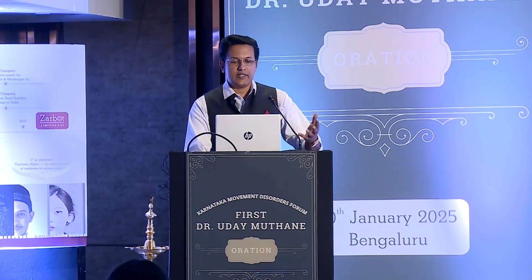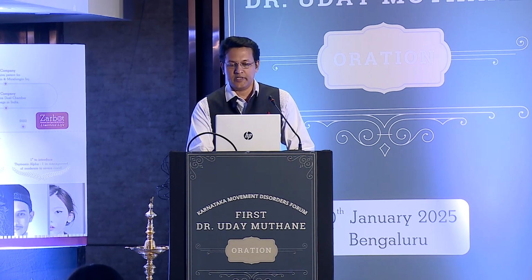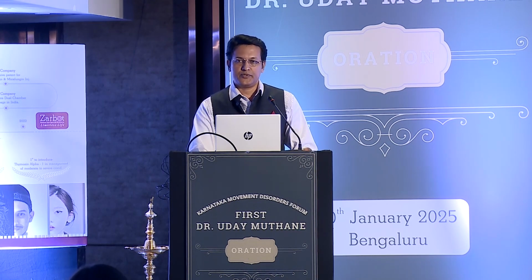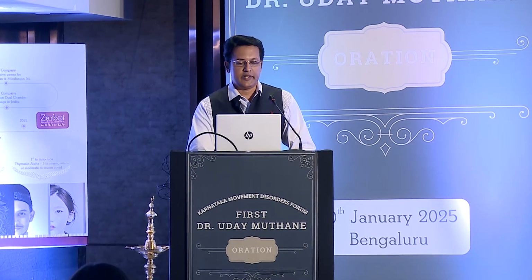Now, are there any other mechanisms? It also prevents release of other neurotransmitters like substance P and CGRP and ATP also. This is very important when it comes to pain modulation. So this is one way it works in chronic headache. It also negatively regulates the sensory receptors involved in pain pathways.